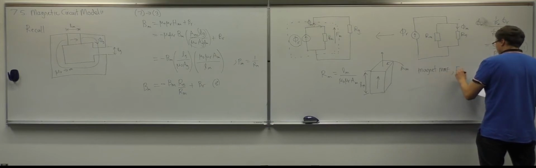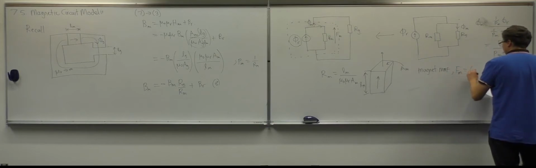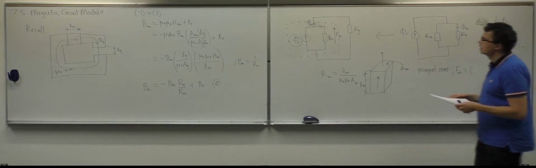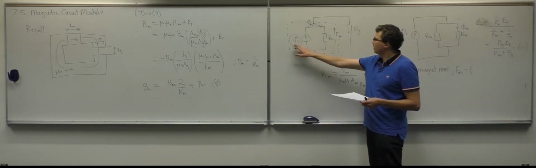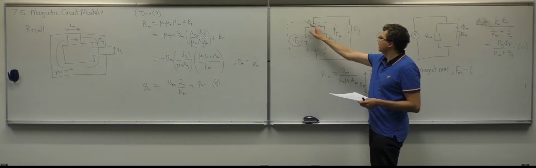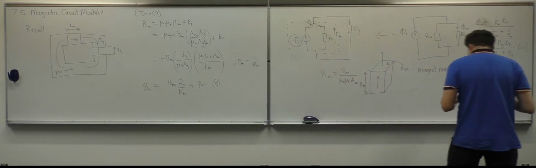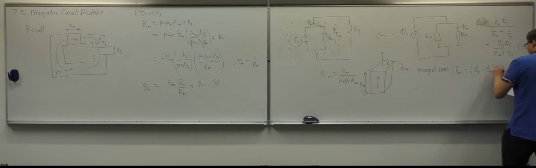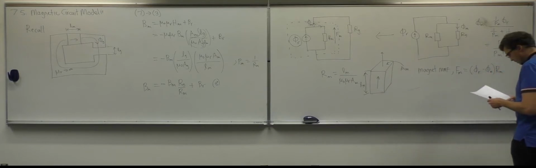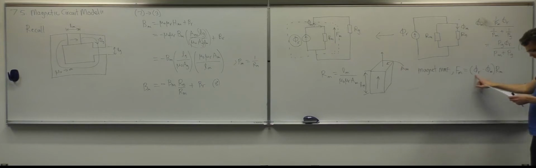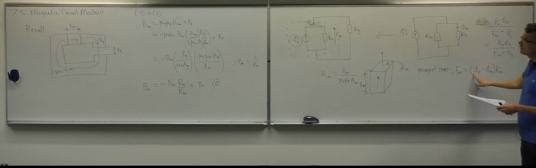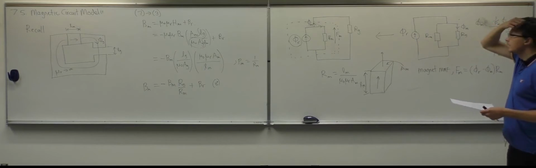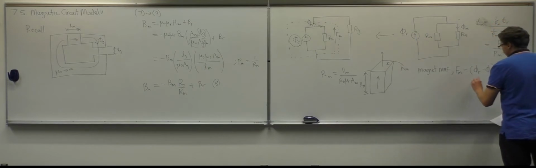So that's Fm is equal to the flux R minus the flux M times the reluctance Rm. So that's flux R minus flux M times Rm. Where this flux R, if we go back, that's Br times the area of the magnet.